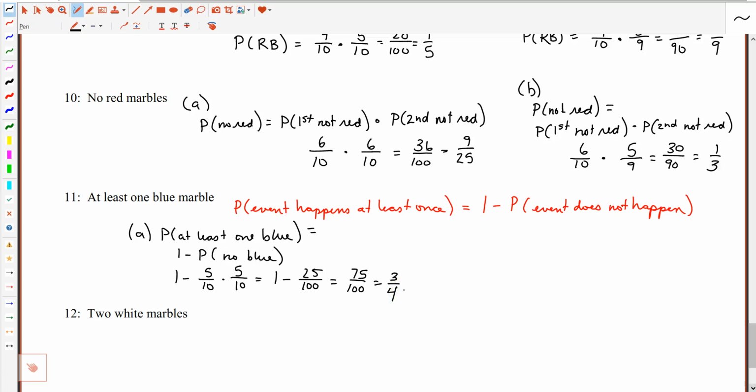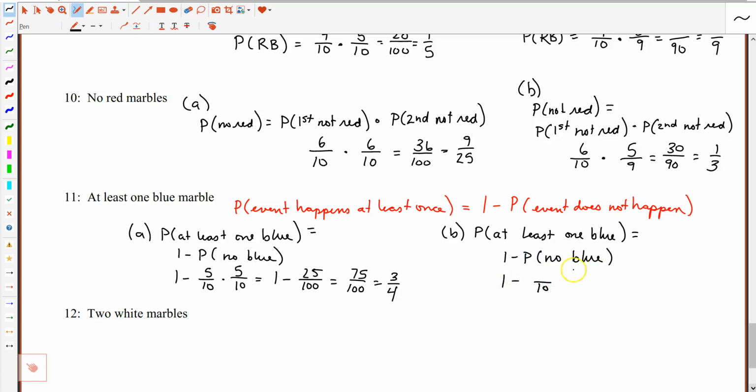So that's with replacement. Now let's take a look at this without replacement. So the setup is going to be the same: the probability of at least one blue marble is going to be equal to 1 minus the probability of getting no blue marbles. So let's find the probability of no blue marbles. On the first stage you have 10 marbles in the bag.